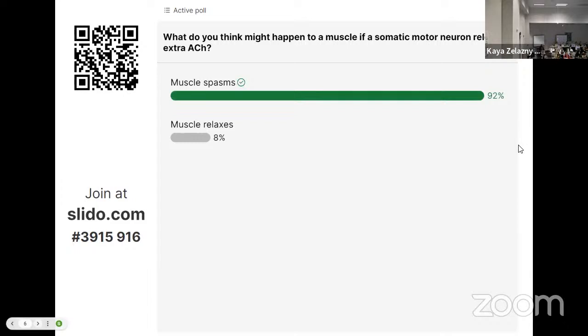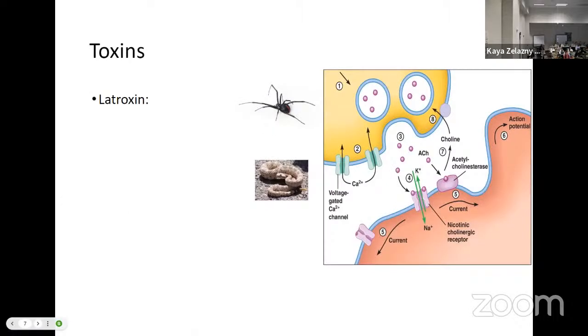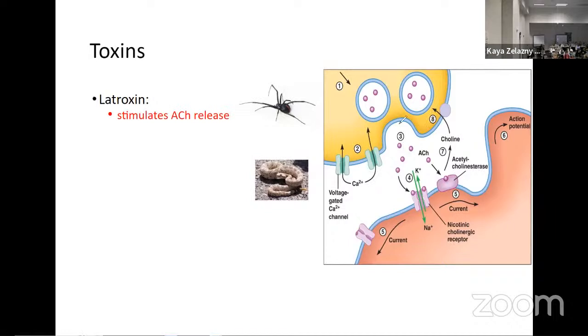So the muscle is going to spasm in response to this latroxin. So what we have happening here is when we have more release of acetylcholine, we end up with more acetylcholine here for those receptors to receive. So this basically means that we're going to trigger a stronger response in the muscle cell.